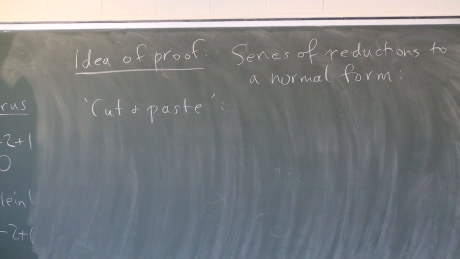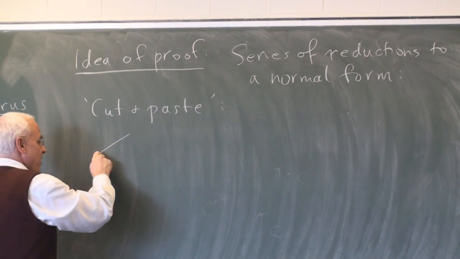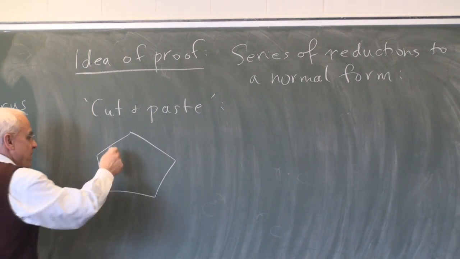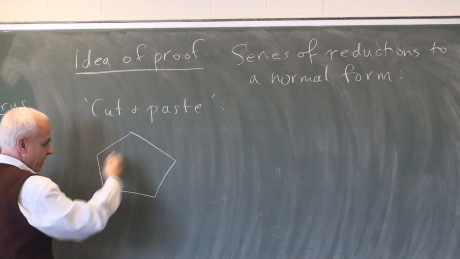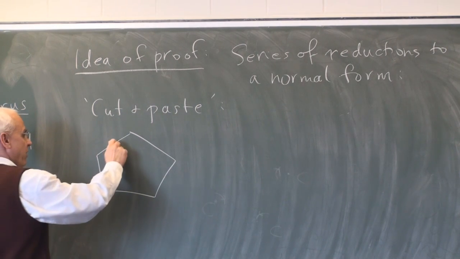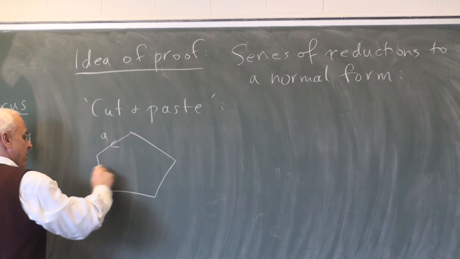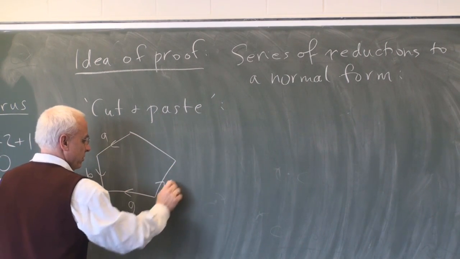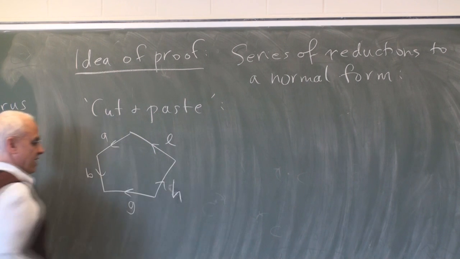And what does that mean? Well, it means that we're going to allow ourselves to do the following thing. Suppose that we have a piece or a polygon, and in fact it'll generally be a lot bigger, but suppose we have something like A, B, G, H, L, just for the sake of argument.